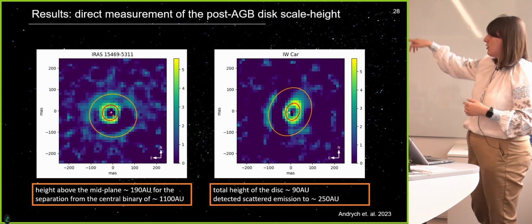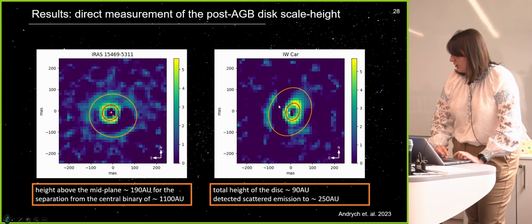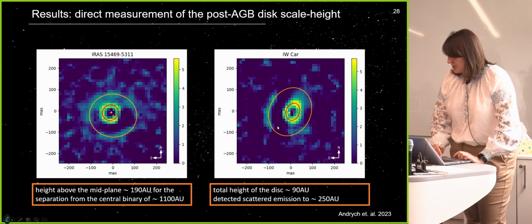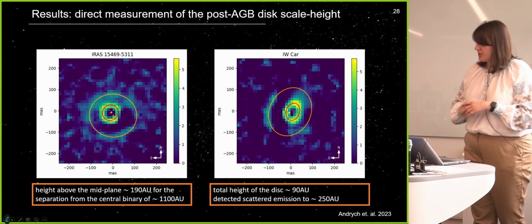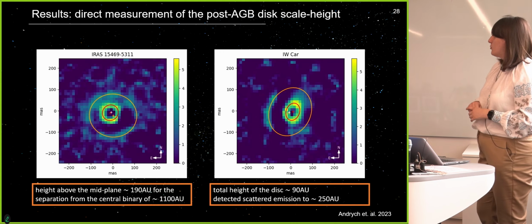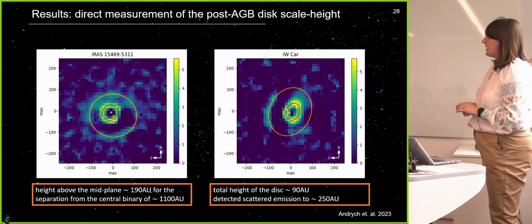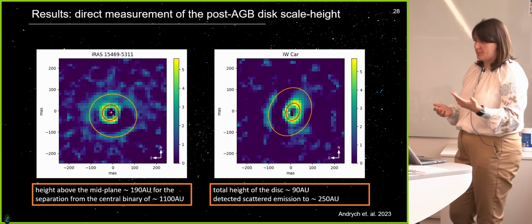For the system on the right, we directly resolve the midplane of the disk, so we can measure it directly. This parameter is quite important for further modeling of the system, as comparing with other observations, for example ALMA continuum data, we can estimate the dust settling parameter.